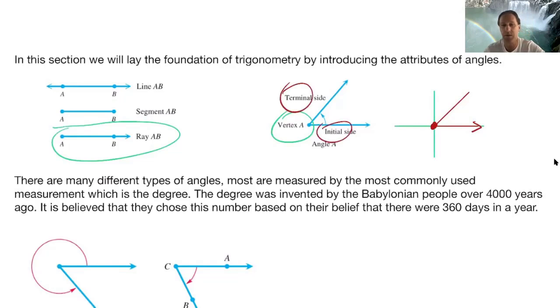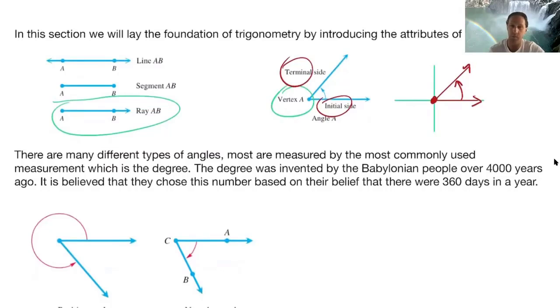Not a big deal, but if the book references it, I want you guys to know the initial side is where we started, and then we rotated or terminated that ray by moving it some angle to get that other side we're calling the terminal side, where it ends, terminates. Okay, so a bunch of different parts. Notice we did start in the positive x direction and we rotated in the positive y direction.